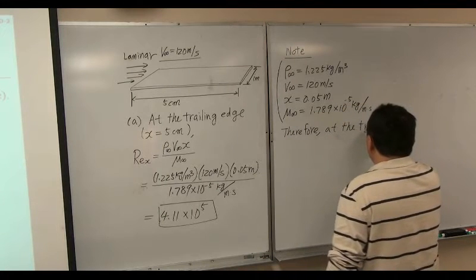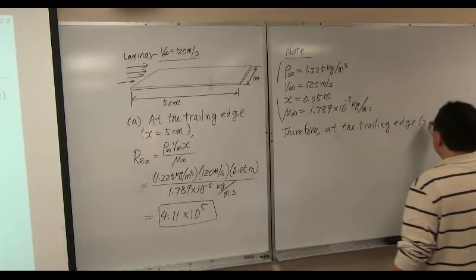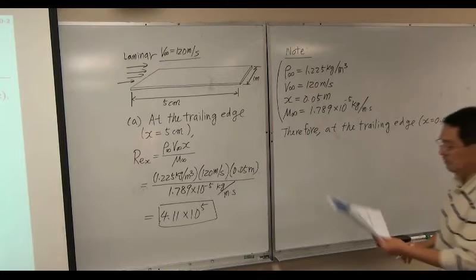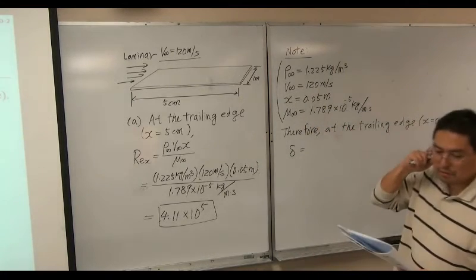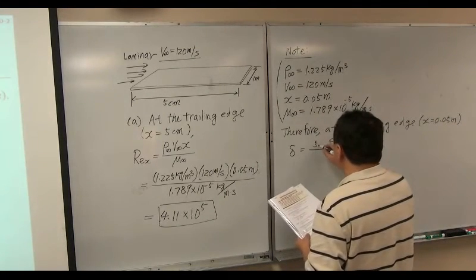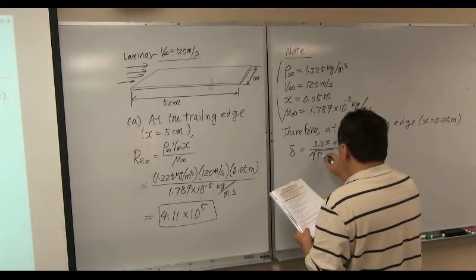At the trailing edge, you can determine boundary layer thickness. Let's use the equation given on the previous page. Laminar case, delta is equal to 5.2x divided by square root Reynolds number.